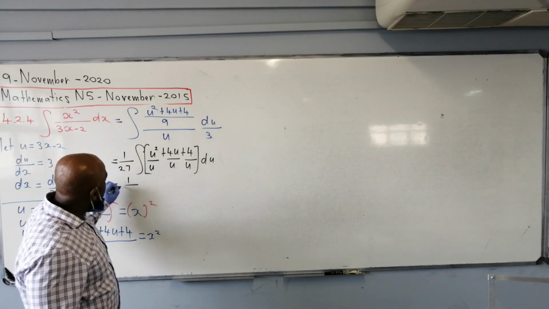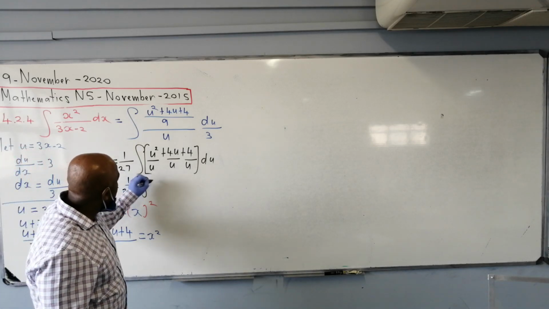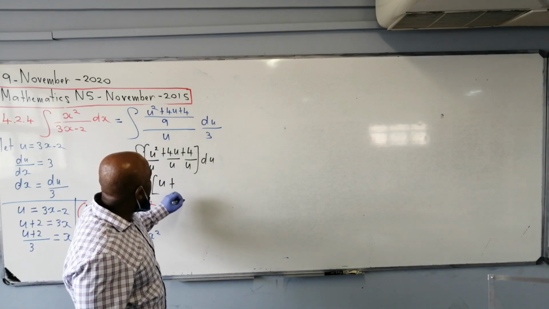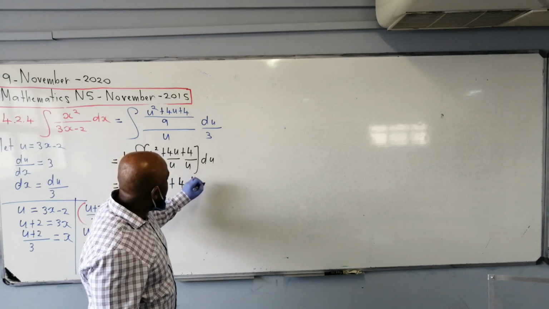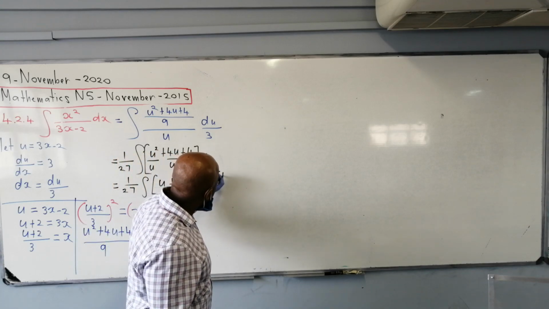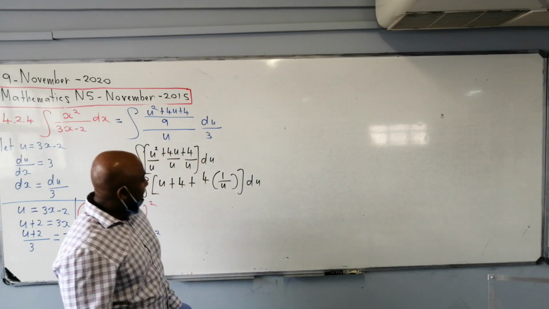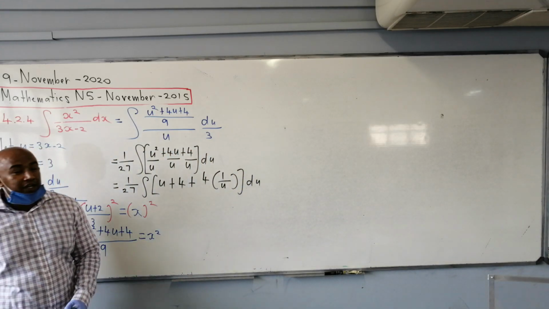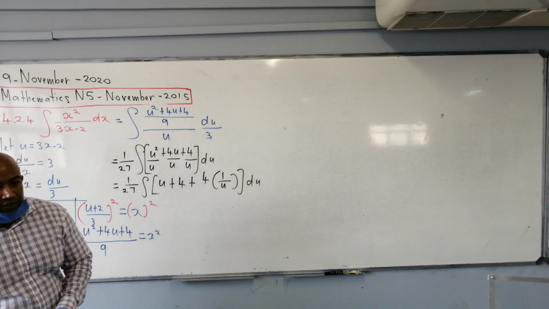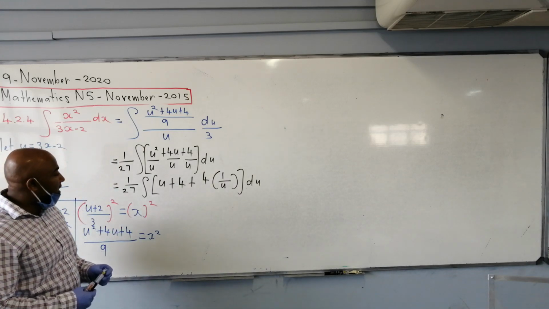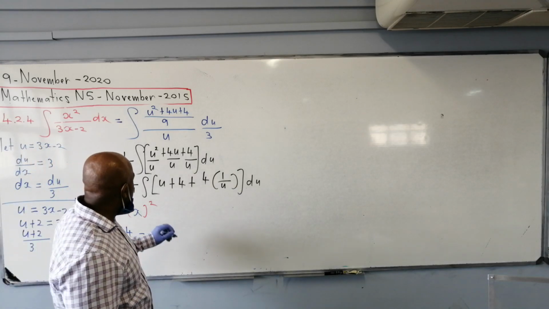So this is going to be 1 over 27. U squared divided by u is u. 4u and u cancel, that's 4. And this is 4 times 1 over u du. Okay, if it's divided by u, write it as 1 over u. Okay, always. Now we can integrate. It's all ready for integration.